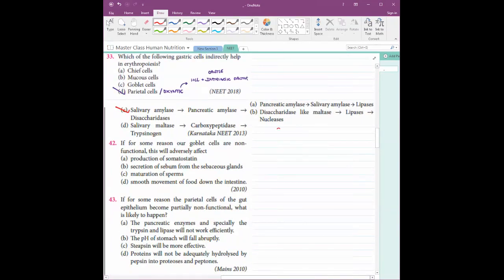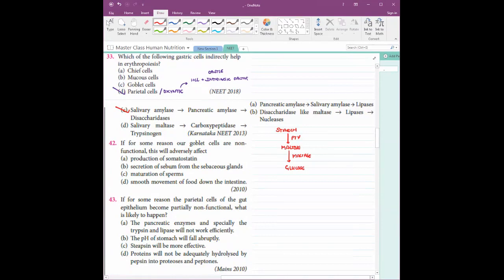Okay, so first, when we talk about starch, starch is going to be acted upon by your ptyalin. Then you're going to get your maltose. Maltose is going to go into your intestines, and this is going to be acted upon by your maltase. Maltase is going to give you glucose plus glucose.